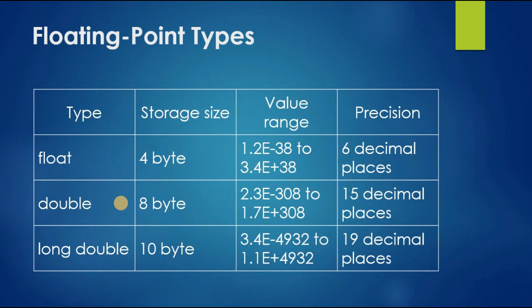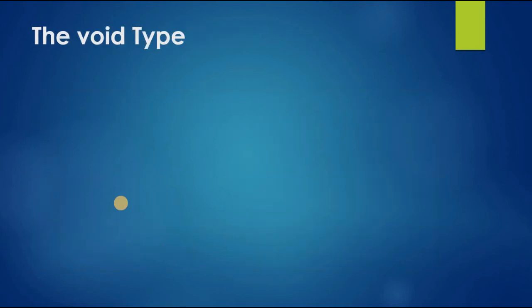Like that, the double data type has 8 bytes of storage size and the long double data type has 10 bytes of storage size.